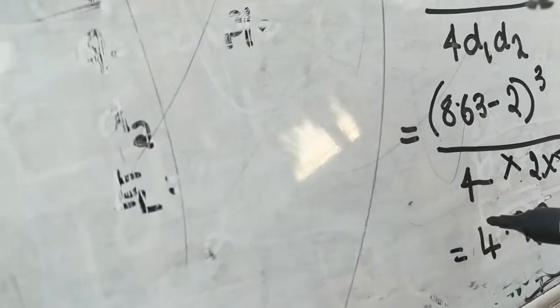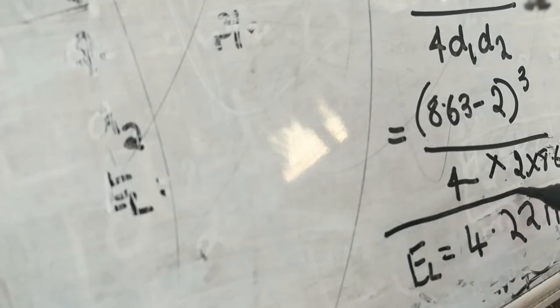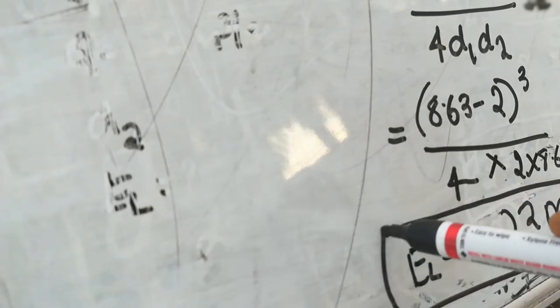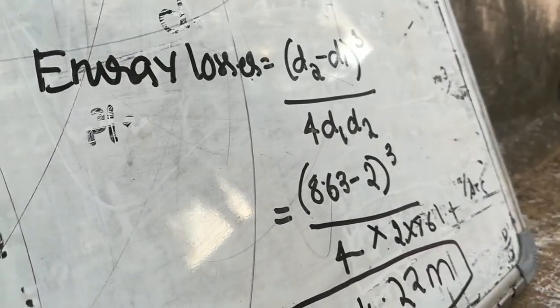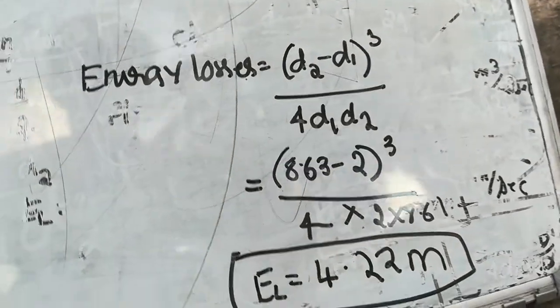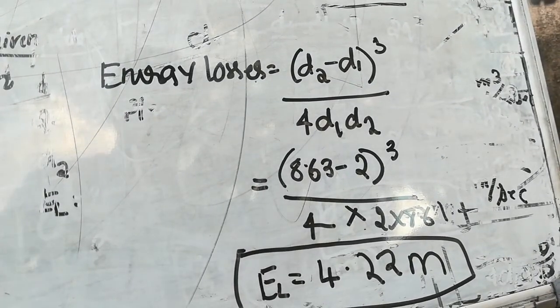That is the energy loss, 4.22 meter. Here we can finish this problem. So we got the answers: d2 is equal to 8.63 meter and energy loss is equal to 4.22 meter.